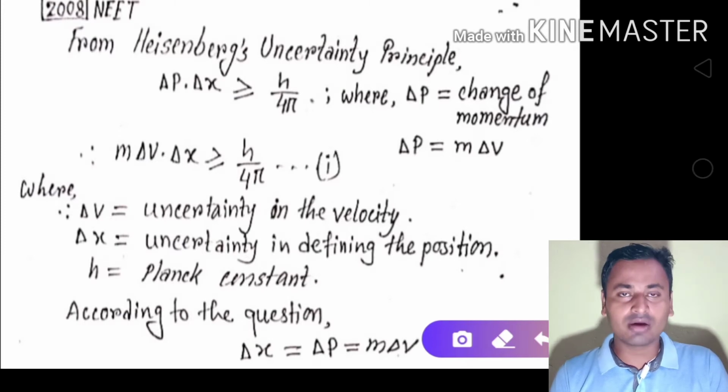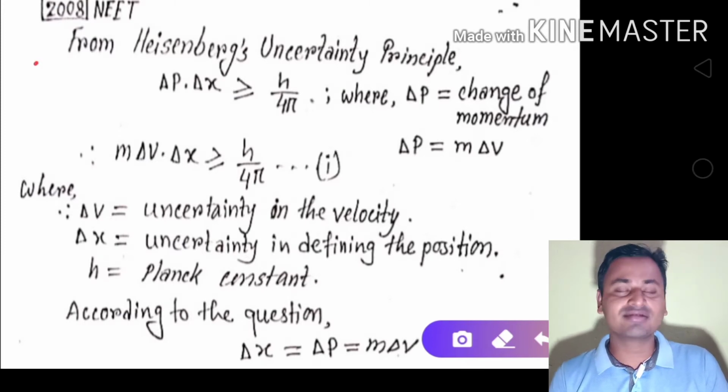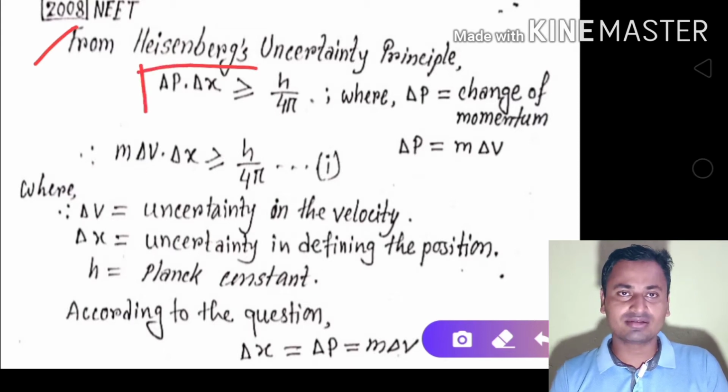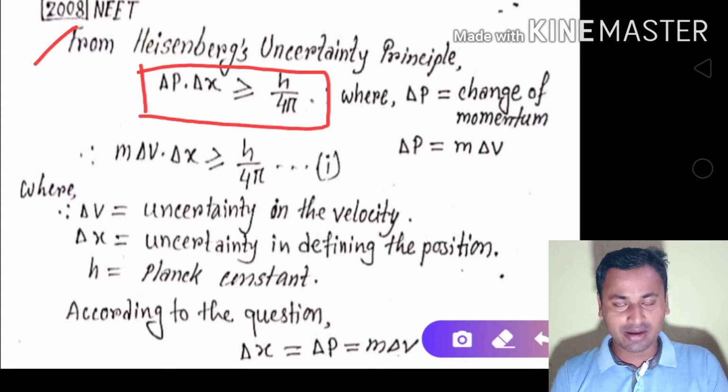Okay, so now from the Heisenberg uncertainty principle, del p and del x is greater than or equal to h by 2 pi, where del p is the uncertainty of momentum and del x is the uncertainty of position.